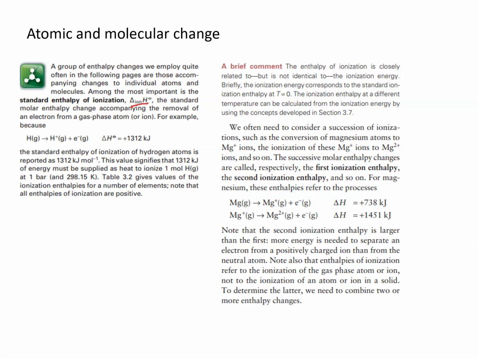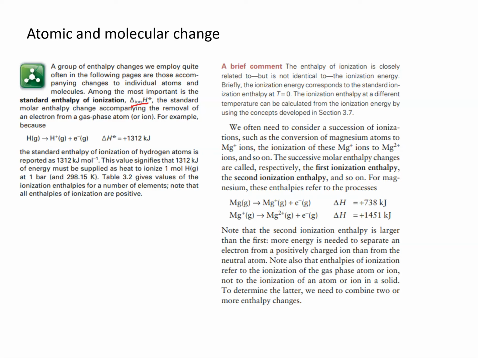This value signifies that 1,312 kilojoules of energy must be supplied as heat to ionize 1 mole of hydrogen atomic gas at 1 bar and 298.15 Kelvin. So table 3.2 is going to give values of ionization enthalpies for a number of elements. Note that all enthalpies of ionization are positive, and we'll take a look at 3.2 on a following slide.